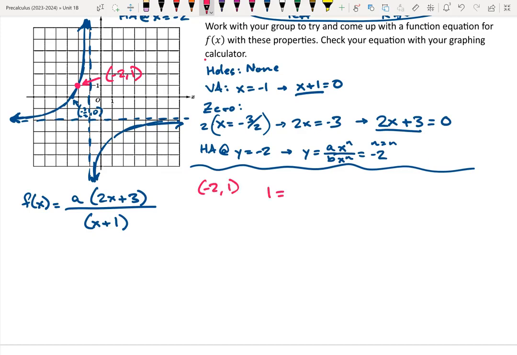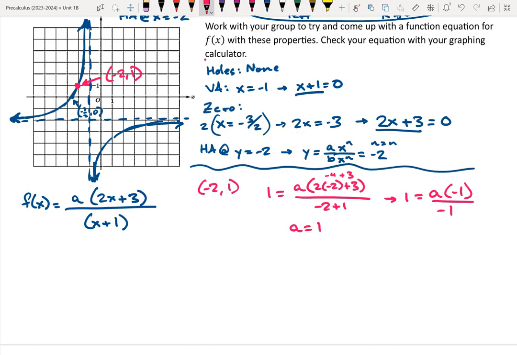That would be 1 equals a times (2 times -2 plus 3) over (-2 plus 1). So 1 equals a times (-4 plus 3, being -1) over -1. So it looks like a is equal to +1 this time around.